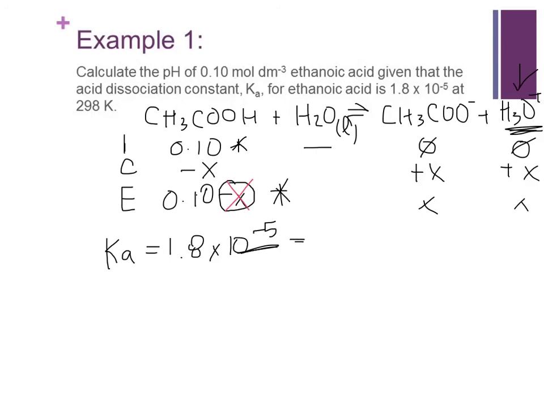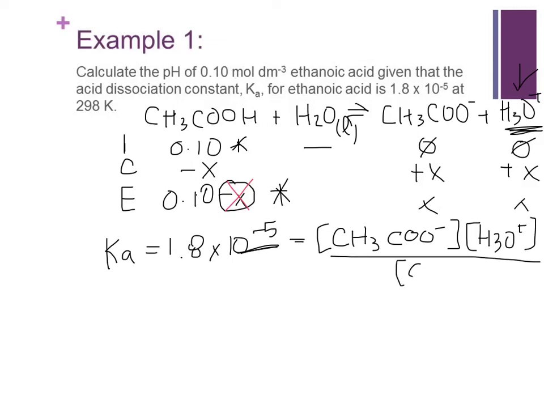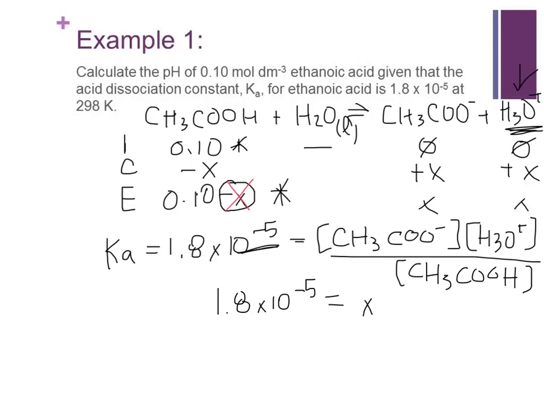Let's set up our Ka then. So that is going to be concentrations of our products over our reactants, and then if we sub in our values, we would have x times x, or x squared, over 0.10.